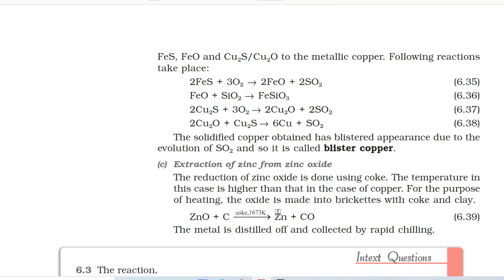FeO plus SiO2 gives FeSiO3. 2Cu2S plus 3O2 gives 2Cu2O plus 2SO2. 2Cu2O plus Cu2S gives 6Cu plus SO2. The solidified copper obtained has a blistered appearance due to the evolution of sulfur dioxide, and so it is called blister copper.